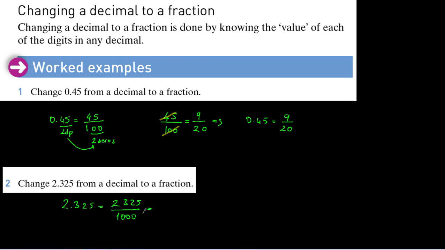And we know that 2325 is divisible by 25, and 1000 is divisible by 25. When you divide both by 25, since the numbers are difficult, I already divided.